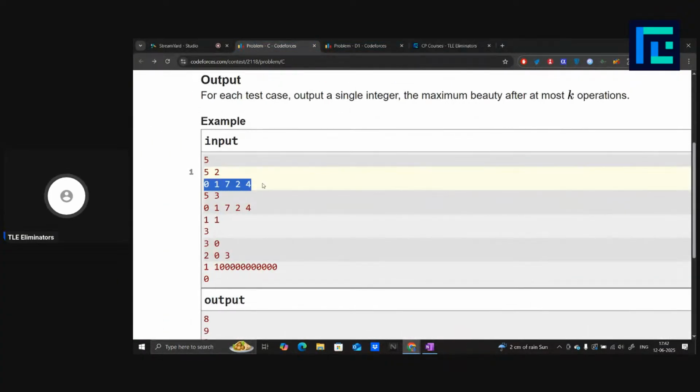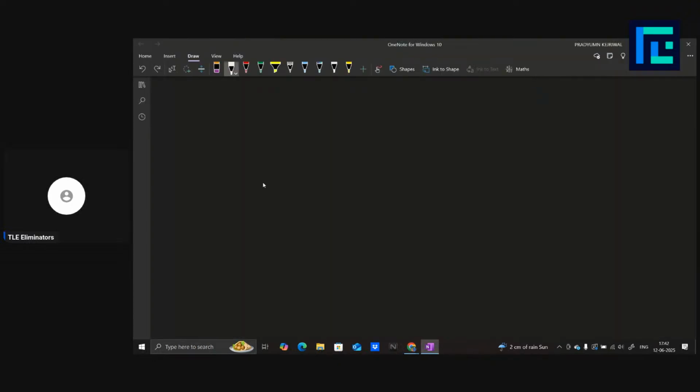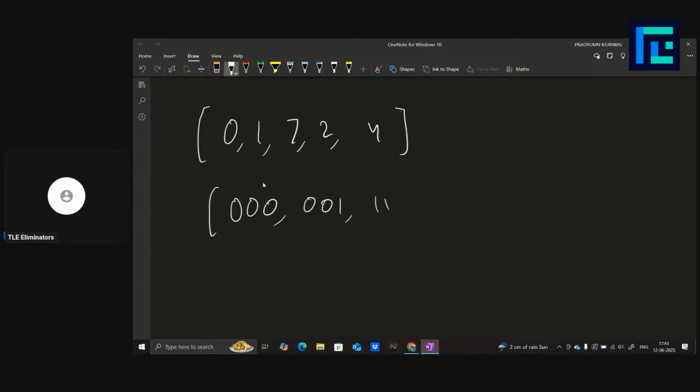So let's say I have 0, 1, 7, 2, 4. So this array is basically 0 0 0 0 0, 0 0 0 1, 0 1 1 1, 0 0 1 0, and 0 1 0 0. Okay, this is your array, and your k is equal to 2, right? That means you can do 2 operations to this.